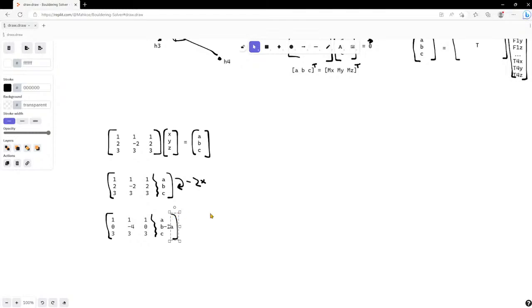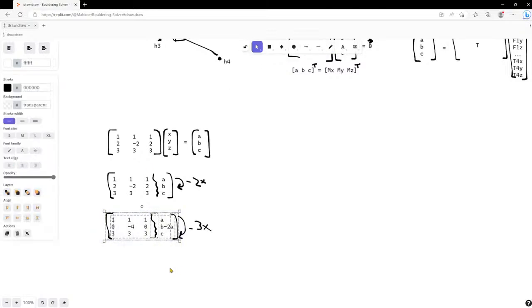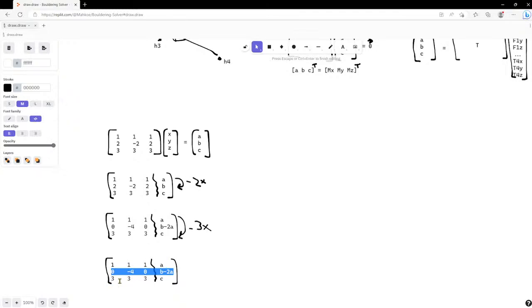And then here we do minus 3 times the first row. It's not x, it's times. Minus 3 times. And then we get, I mean, it's not a crime to be bad at linear algebra.